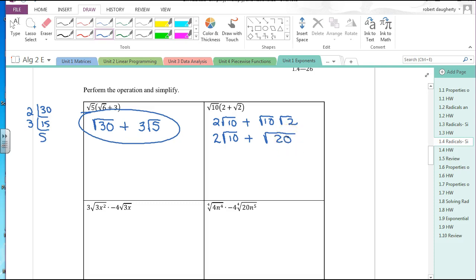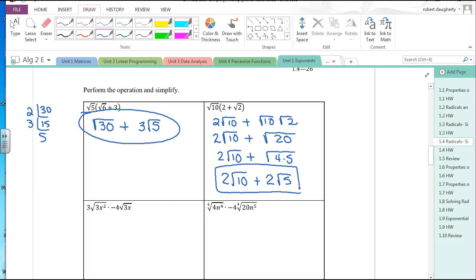I can't simplify that. Can I simplify the square root of 20? Yeah, so that's going to be 2 square root of 10 plus the square root of 4 times 5. What's the square root of 4? 2. So this is 2 square root of 10 plus 2 square root of 5. Okay?